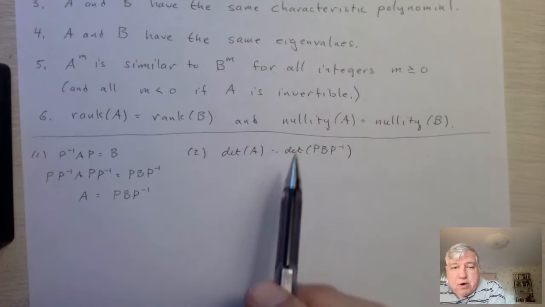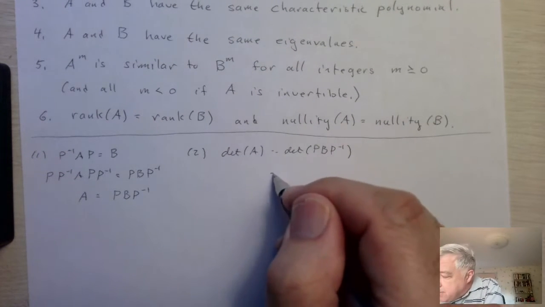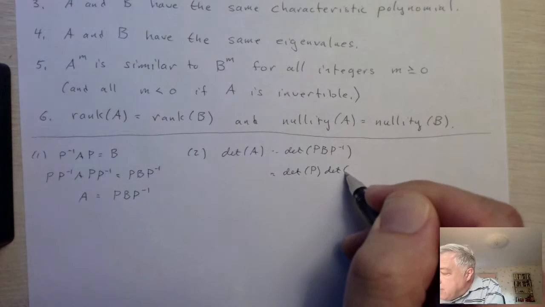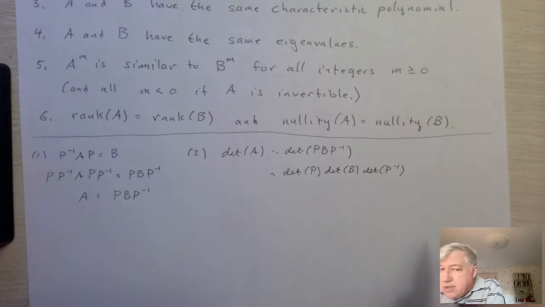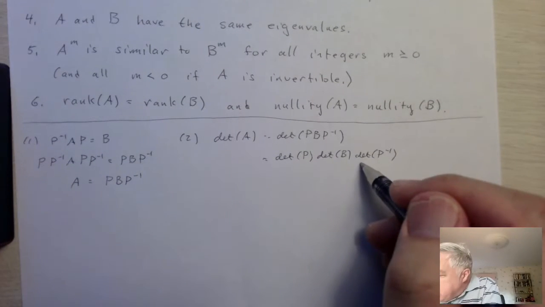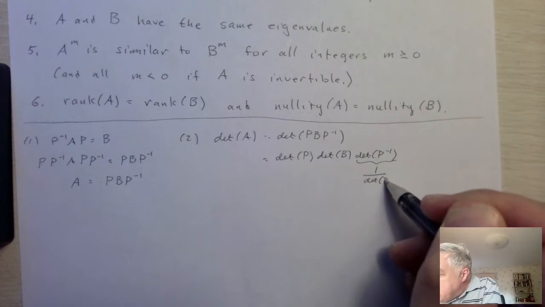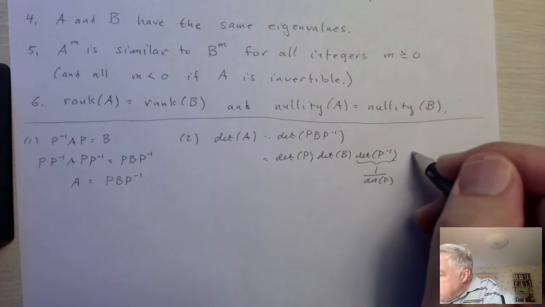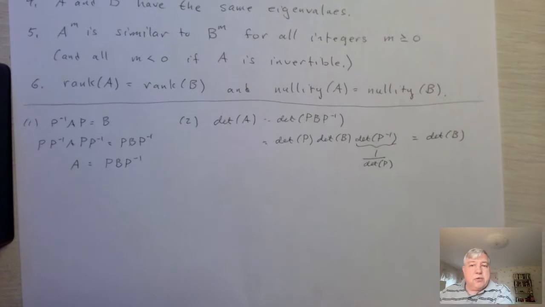From the properties of determinants, the determinant is multiplicative, so this is the determinant of P times the determinant of B times the determinant of P inverse. And this last determinant, we also proved, is equal to 1 over the determinant of P. So this factor and this factor cancel out, and we just get the determinant of B. That proves 2.